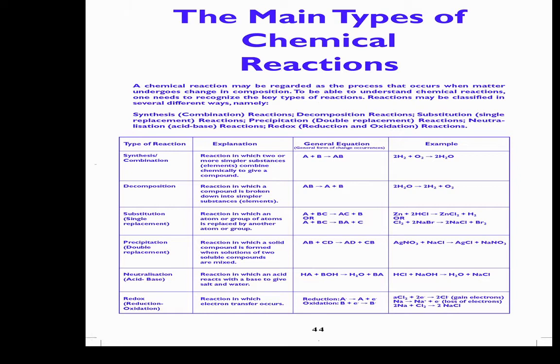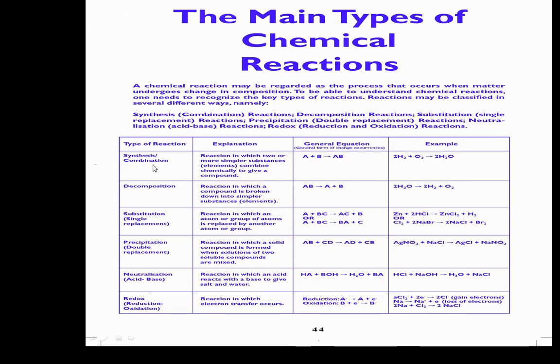Reactions may be classified in several different ways, namely synthesis, meaning the combination; decomposition reaction; substitution reaction, meaning the single replacement reaction; precipitation reaction, which is the double replacement reaction; neutralization in case of acid base reaction; and redox, that is reduction and oxidation. So up to now we have discussed synthesis, decomposition, single replacement and double replacement. That is only one part.